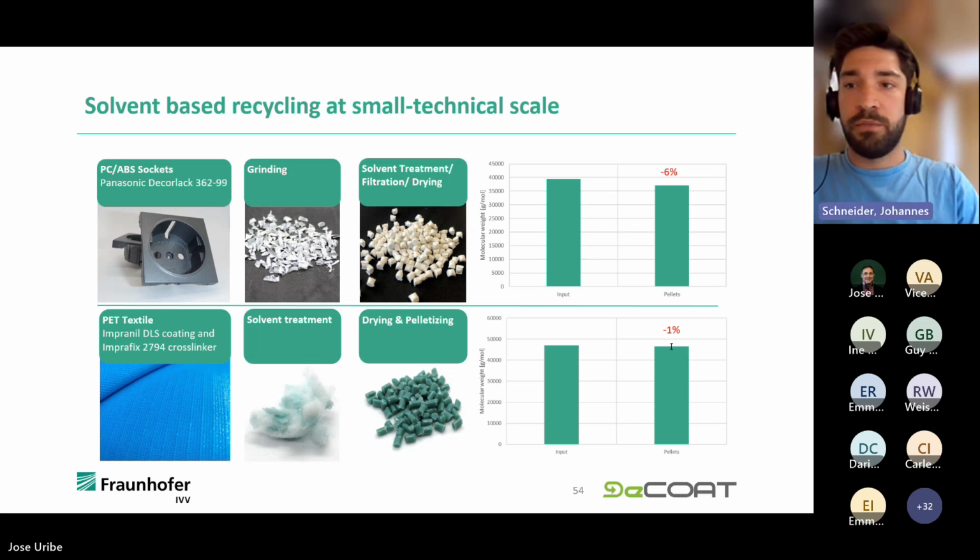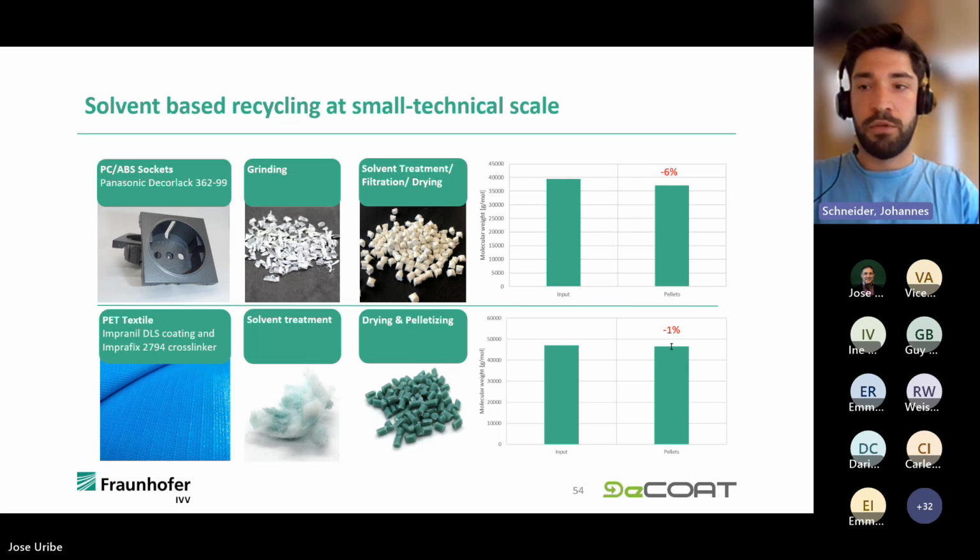For the PC-ABS, it was about a 6% decrease in molecular weight, and for the polyester, it was below 1% of molecular weight loss over the whole recycling process from input material to the final granulate.